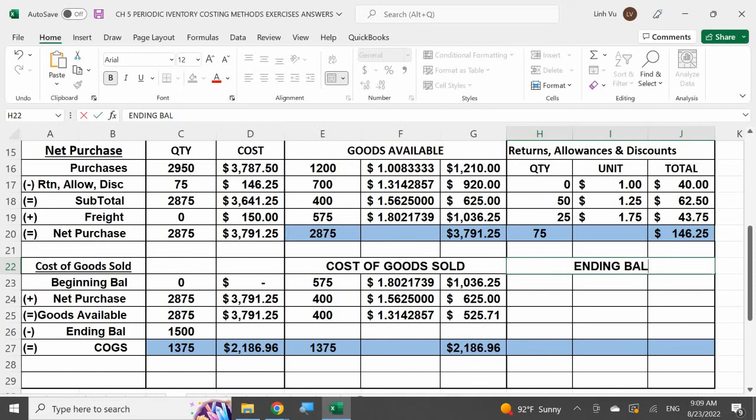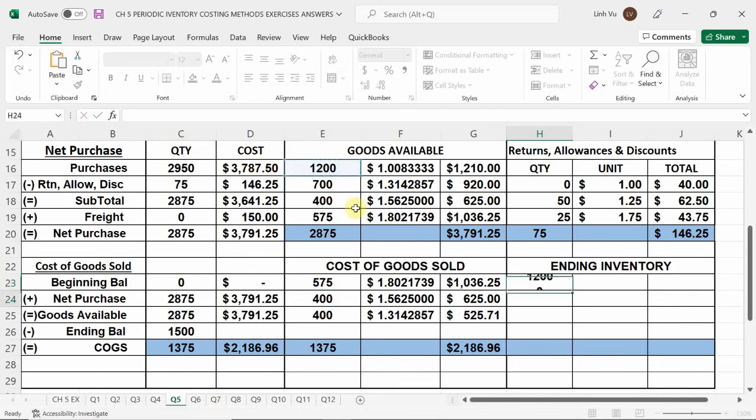Ending balance or ending inventory, whatever you want to call it, they mean the same thing. So I know for a fact I should have my 1,200 units, but out of the 700, I sold 400. So I should have 300 units left.